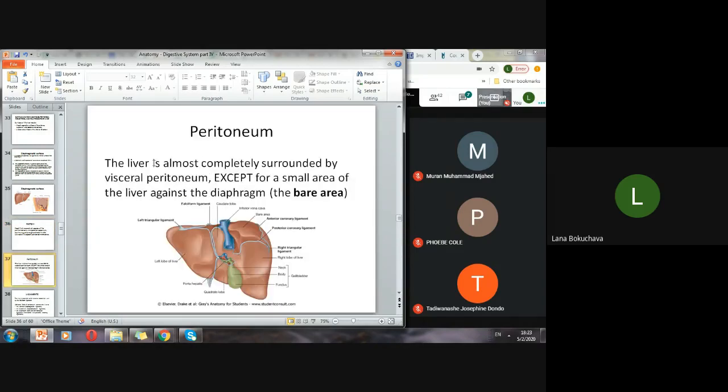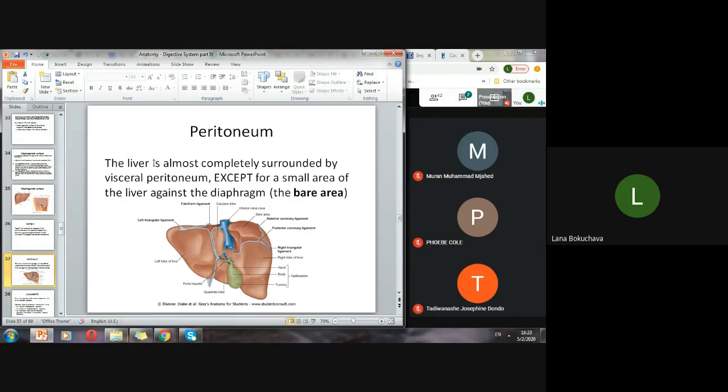Okay, this one I said. The next portion, what we see here: this is still an intraperitoneal type of organ, although we didn't say that the whole surface of the liver is covered by the peritoneum.